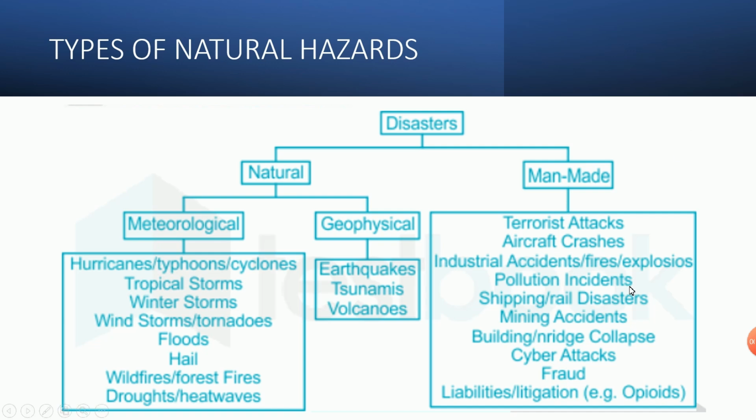All these things are caused by humans, either knowingly or unknowingly. If they are careful enough, they can avert this kind of disaster. But these natural things are totally not in human control. So that's why we are focusing only on natural types of disasters or hazards.